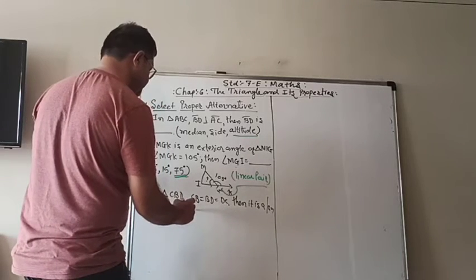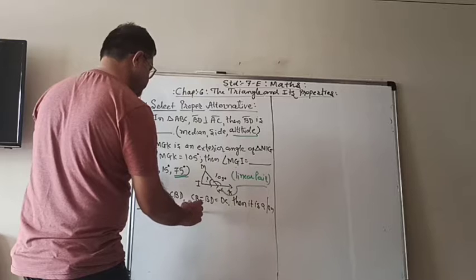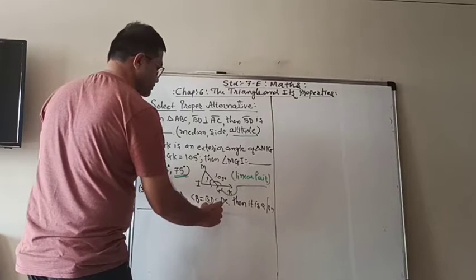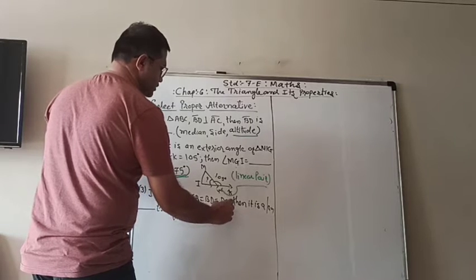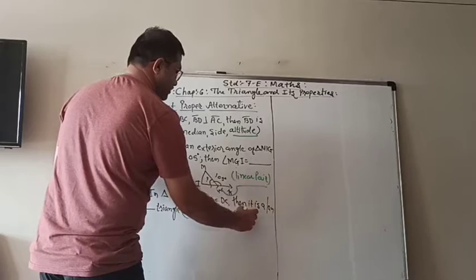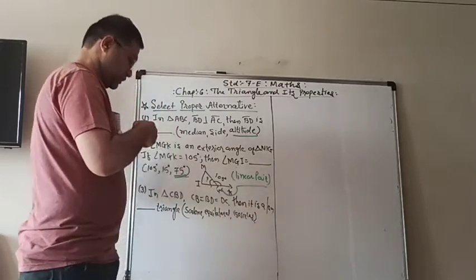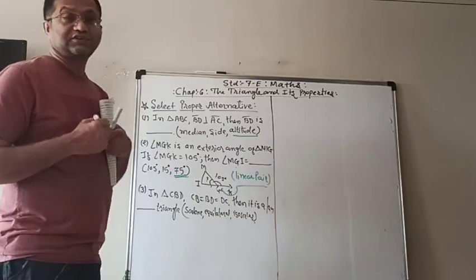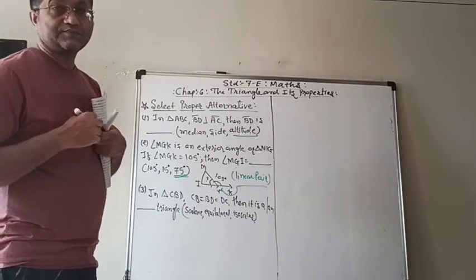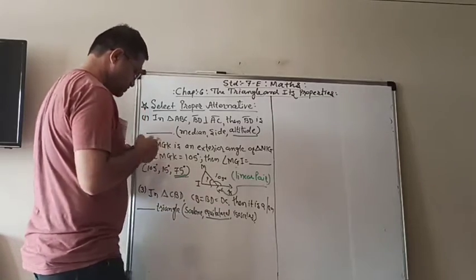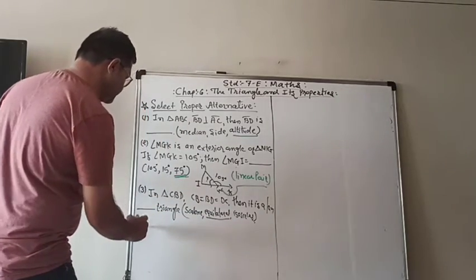Options are scalene, equilateral or isosceles. Now you know that if all the 3 sides are equal, what is it called? Obviously equilateral triangle. So your answer is equilateral.